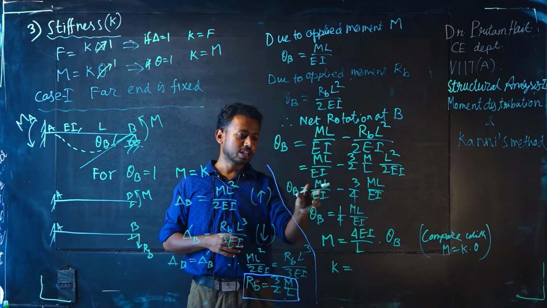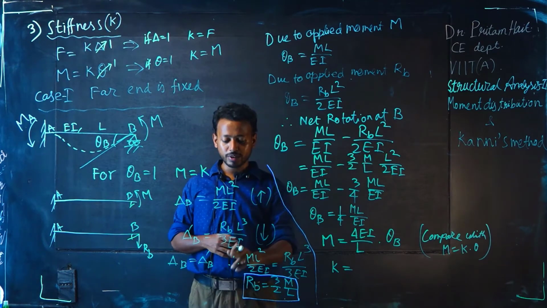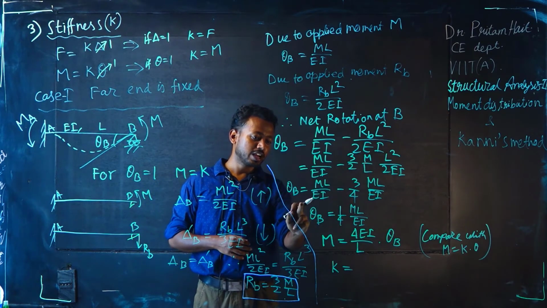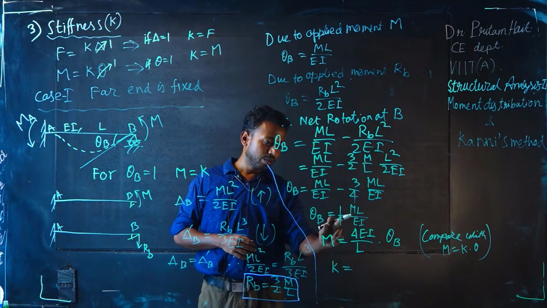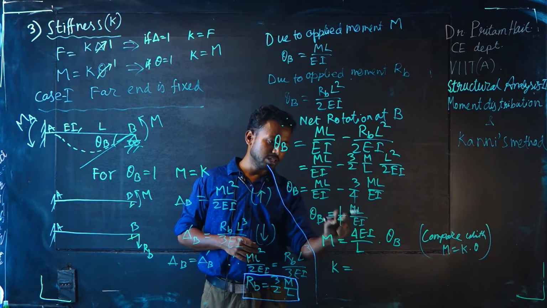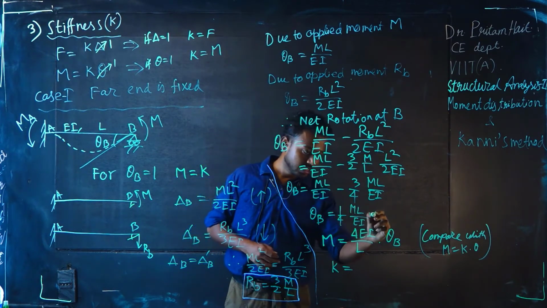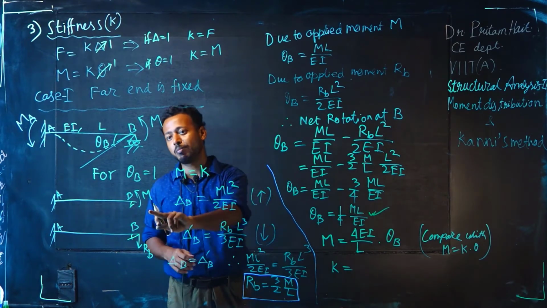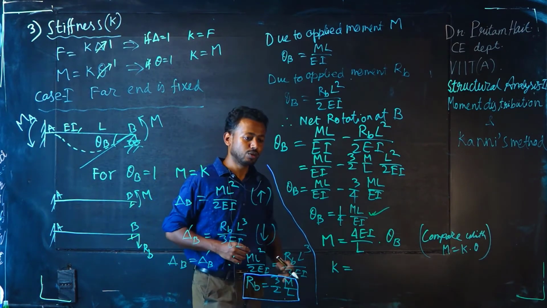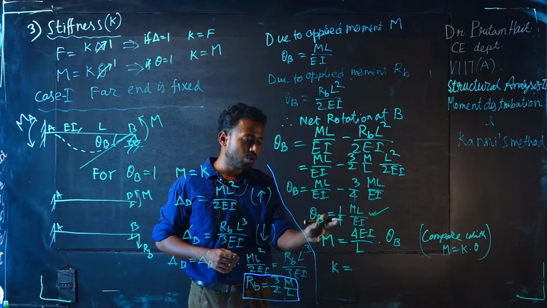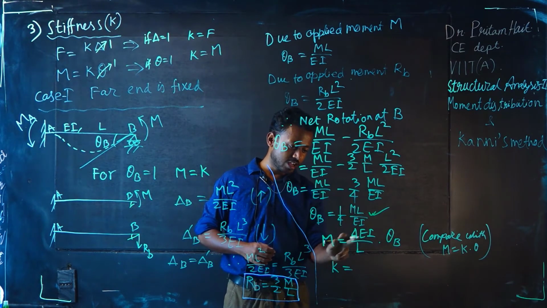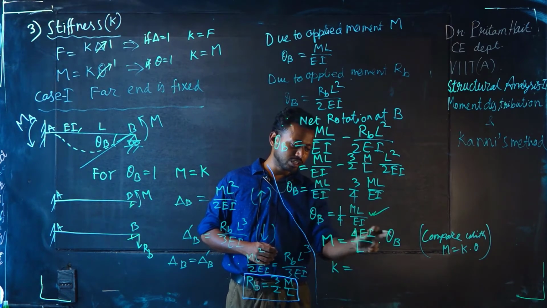After calculation, you put the value of R_B, that is 3 by 2 M by L, and you will get theta B equals 1 by 4 ML by EI. This expression is coming for theta B due to the applied moment M at B point. So theta B equals 1 upon 4 ML by EI, so M equals 4EI by L into theta B.